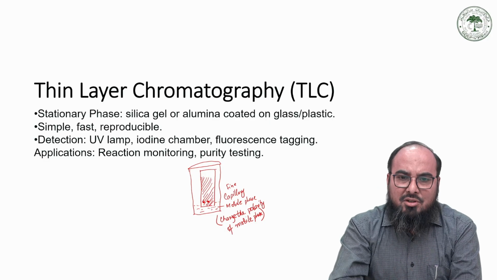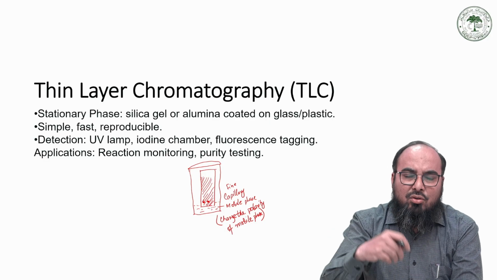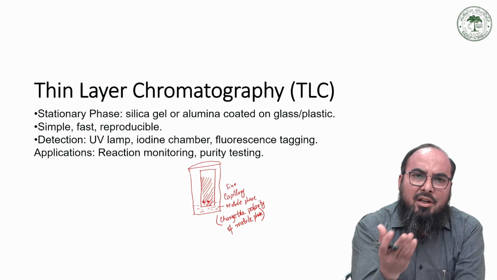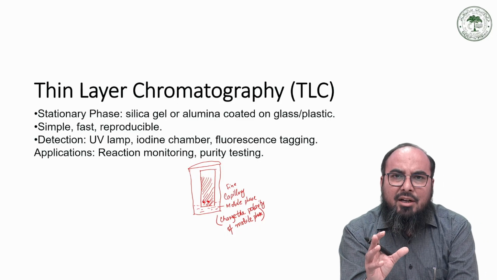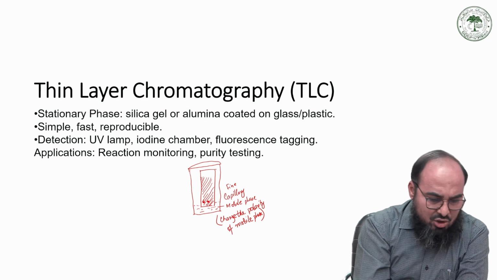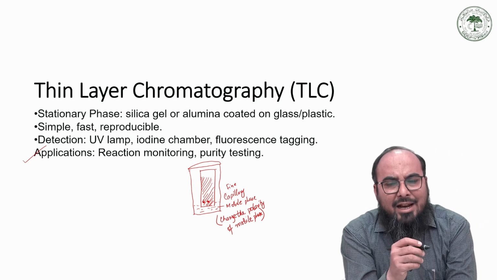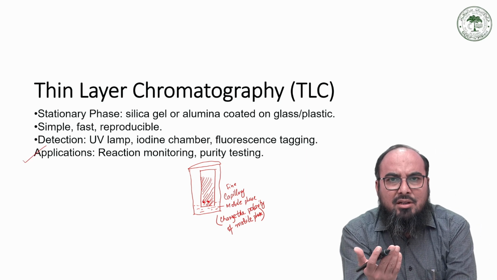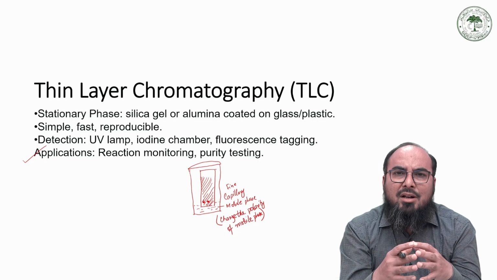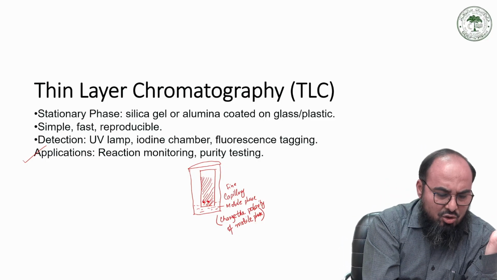After that you take the plate out, and sometimes the spots are visible to the naked eye, otherwise you can put it in an iodine chamber, and after a certain time the spots get developed and are more visible. So you can check the reaction, whether the reaction is going in the right direction, whether a mixture of compounds is forming, or there is a single product formation. So you can check it.